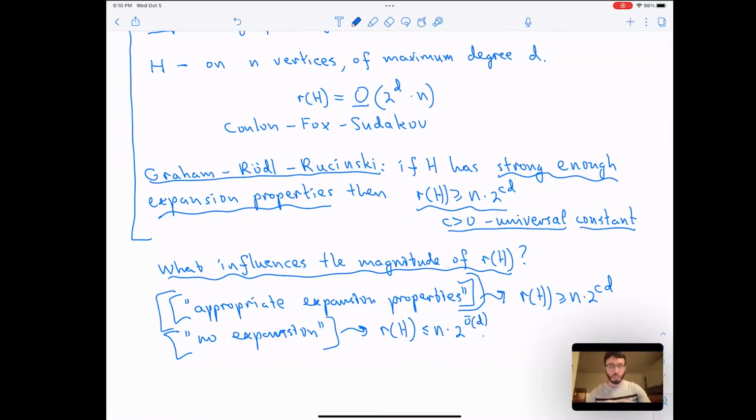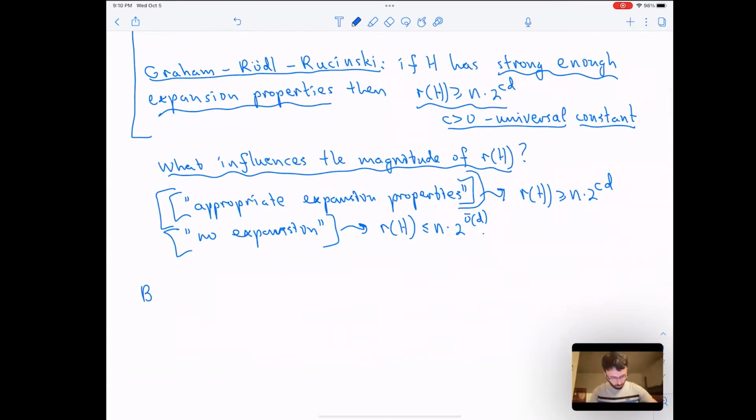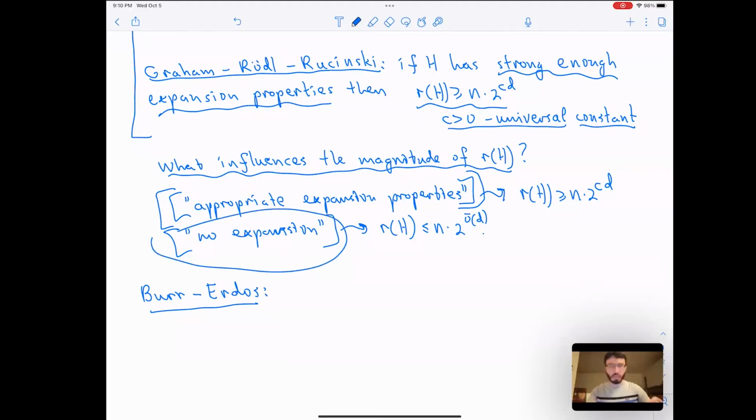So the conjecture of Burr and Erdős is that the hypercube is of the second category, no expansion in that sense. So the conjecture is that if we have the hypercube on 2 to the n vertices, so {-1, 1} to the n, its Ramsey number should be of order big O of 2 to the n.